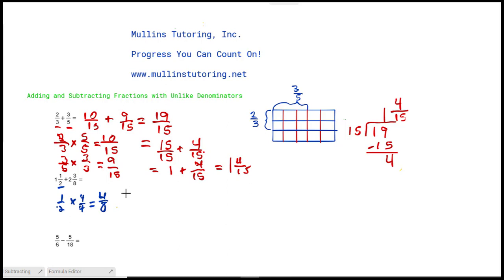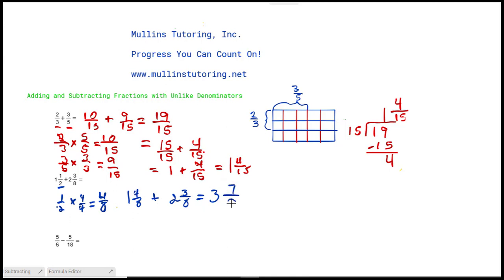So I have 1 and 4/8 plus 2 and 3/8. I'm going to add my two whole numbers. So 1 plus 2 is 3, and 4 plus 3 is 7.